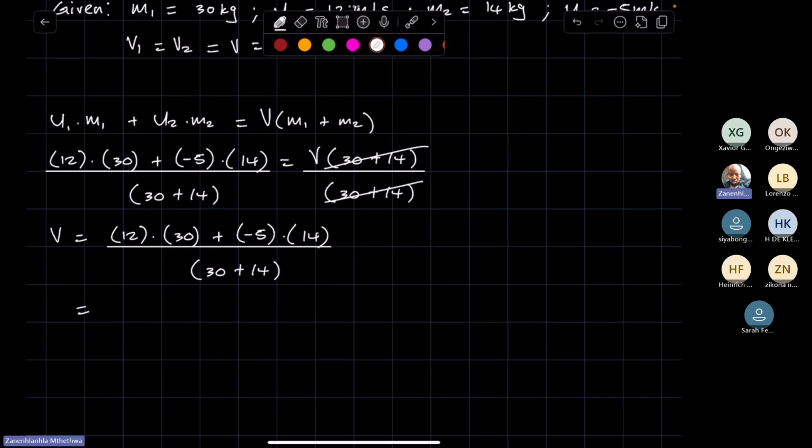So v is, in the numerator, 12 times 30 plus negative 5 times 14, divided by 30 plus 14. So I'm getting positive 6,591 meters per second.